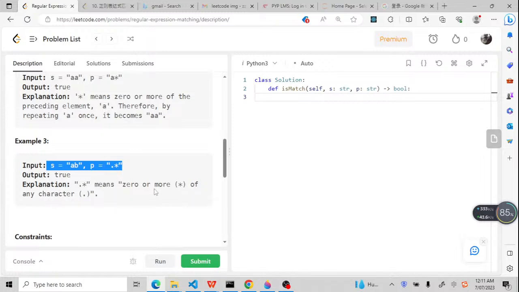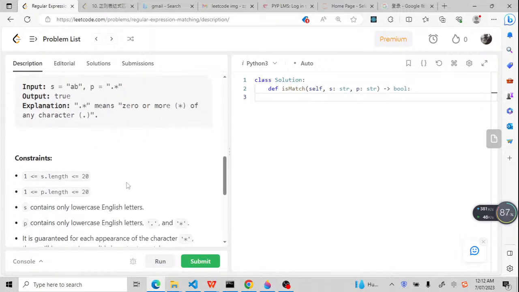So it means two dots. This is a special case, 0 or more stars. It can mean 0, so it can become an empty string, but it can also become two dots or more dots. This is what it means. Otherwise, you cannot solve the problem.